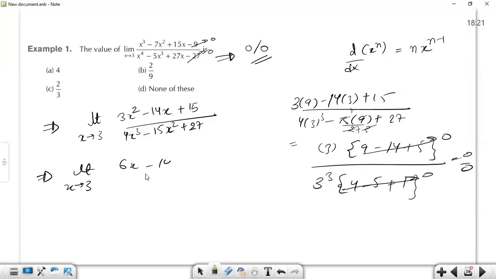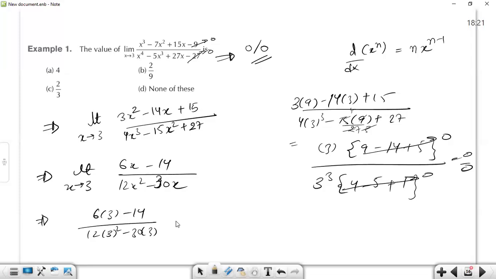So its differentiation will become this, and 12x square minus 30x. If somewhere I make any calculation mistake, then please correct me. Now let us substitute the value of x. 12 into 3 square minus 30 into 3.